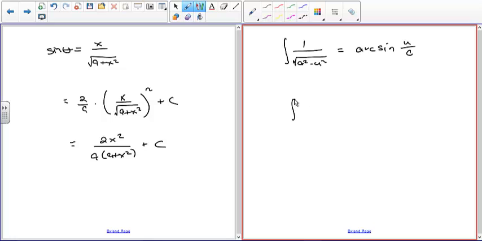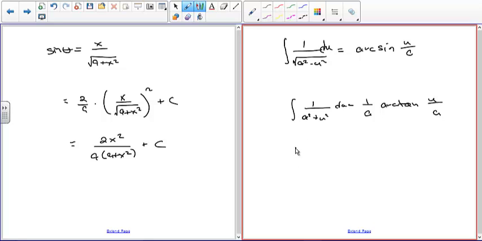We had the integral of 1 over a squared plus u squared du. That was equal to 1 over a times the arc tangent of u over a.